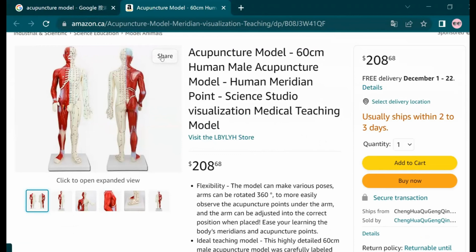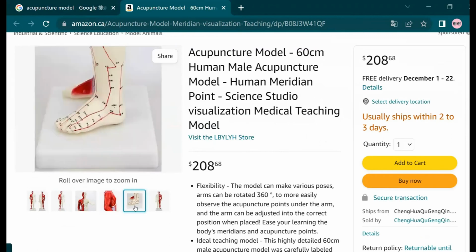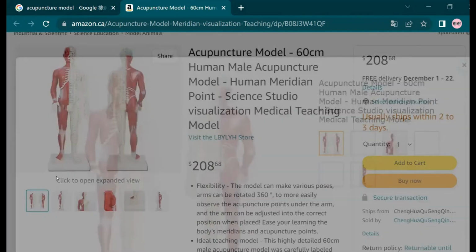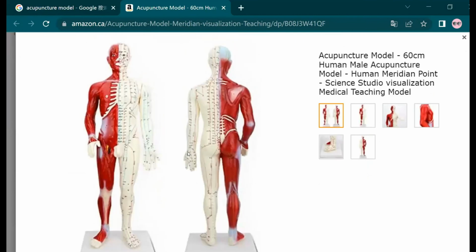So the lung meridian is here and the large intestine meridian is here. With a 3D model, it will be much easier to understand the meridians.